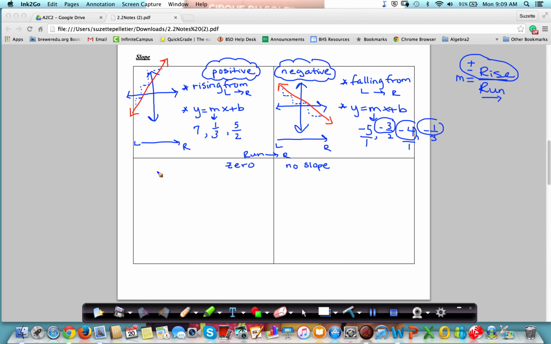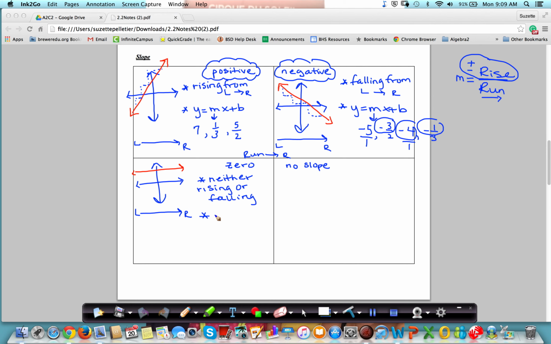Zero slope on our coordinate board is a line that is neither rising nor falling, okay? From left to right on our page, it is not rising nor falling. Neither rising or falling from left to right.